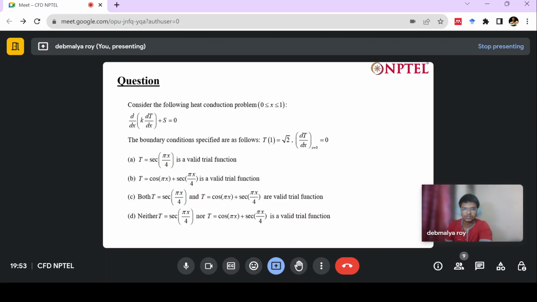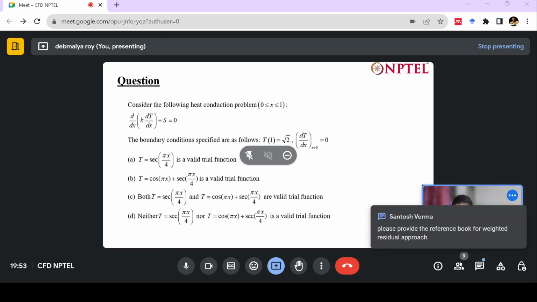Yes, the first condition is the essential condition. That is correct. So specifying T is the essential. And what is this? This is the natural boundary condition.